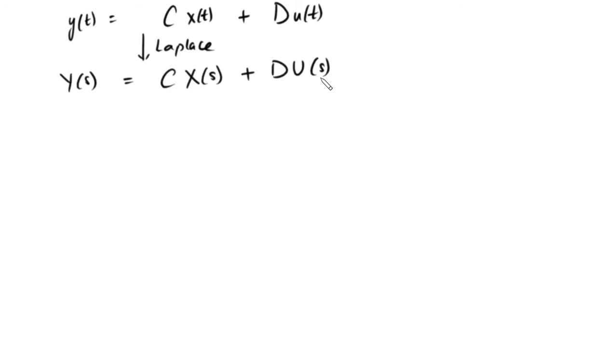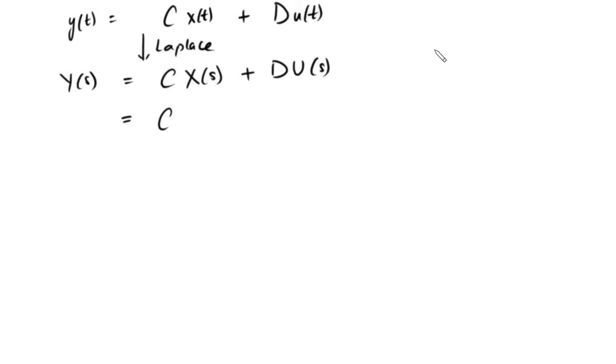So what we'll do is we derive the x of s in the first equation. So we will plug in equation 3, which was x of s derived from equation 1, into this equation. So we have C times x of s.